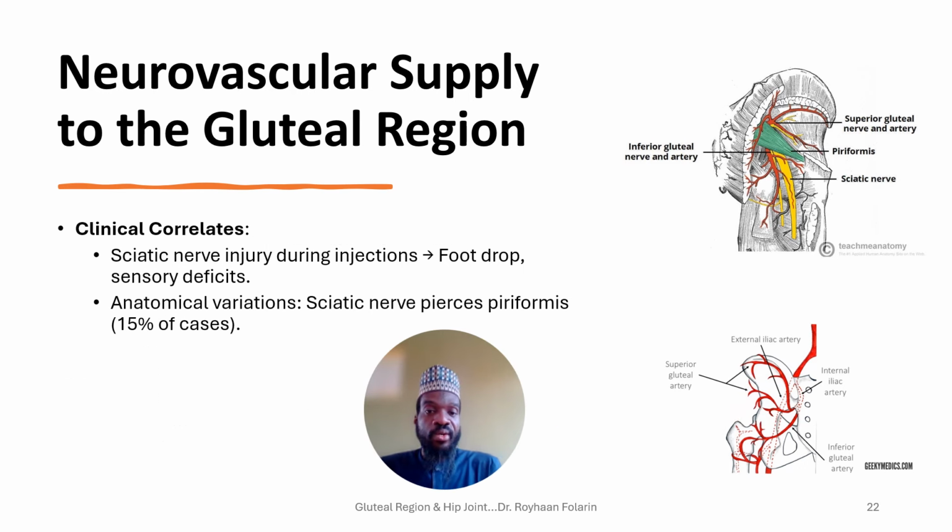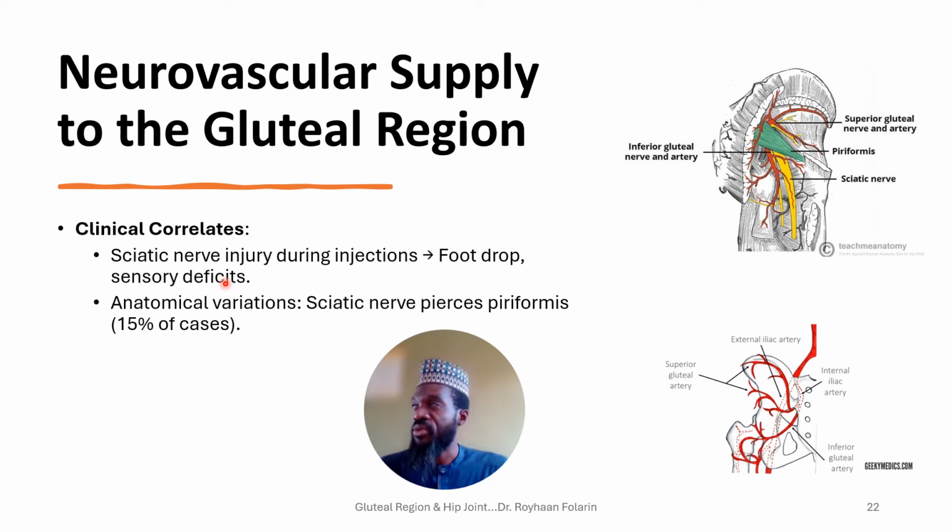The neurovascular structures in this region are prone to injury during intramuscular injection in the gluteal region. The chiefly implicated nerve, the nerve at most risk during intramuscular injection in the gluteal area, is the sciatic nerve.